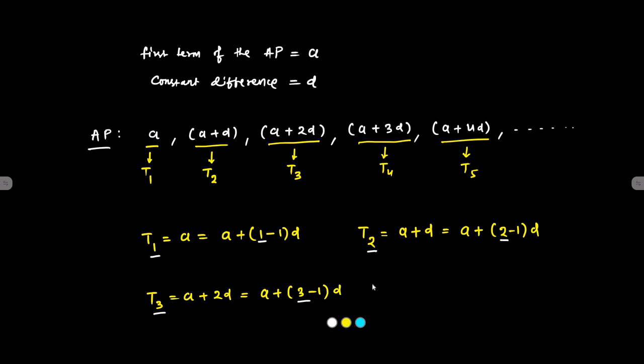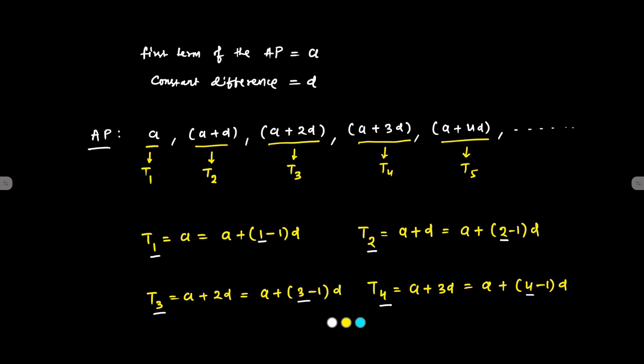Similarly, T4, we can write it as A plus 3D, which is A plus 4 minus 1 into D. So here this is 4, this is 4. So you see the pattern emerging.